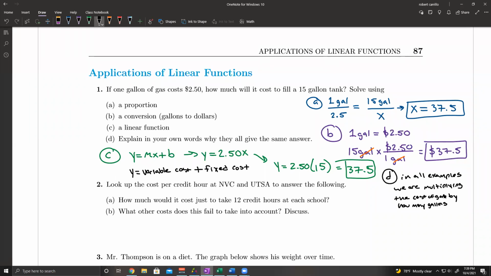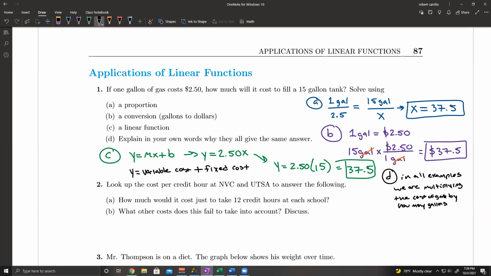That's it. It doesn't matter if we set a proportion, conversion, or linear function, they're all multiplying the cost of gas times how many gallons we need. So that's it. Okay. Everybody good with that one? Okay.